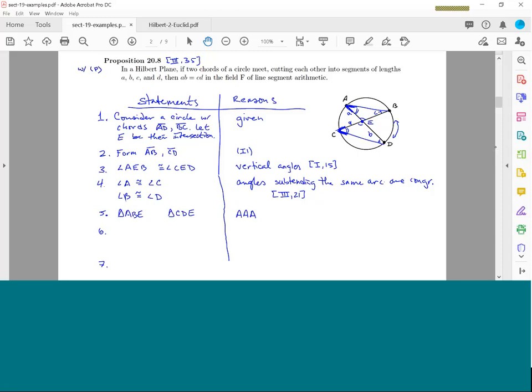I'm going to claim there's two more steps and then we'll be done with this proof. Anybody have a guess what the next step might be? In other words, what's useful about getting similar triangles? It actually turns out to be the same thing we do with congruent triangles.